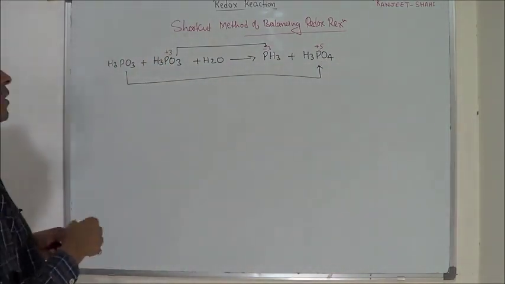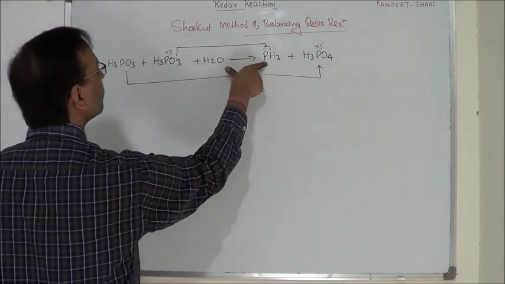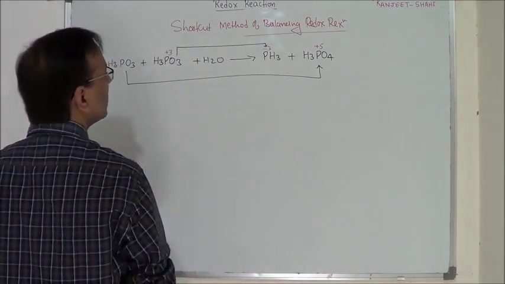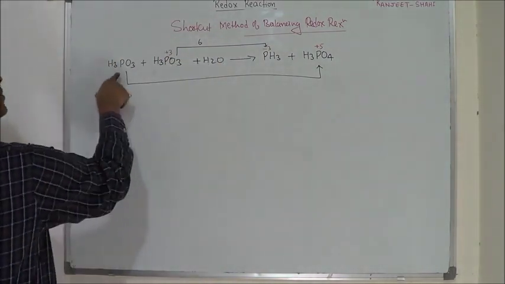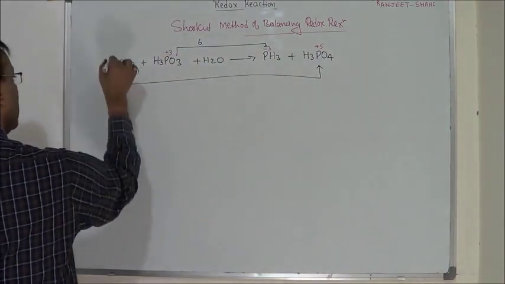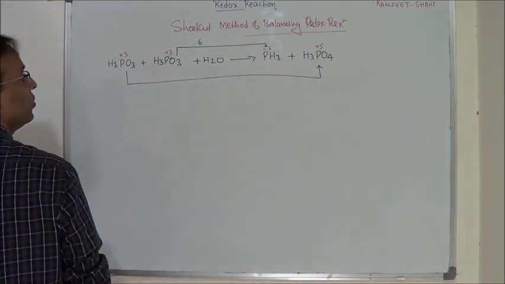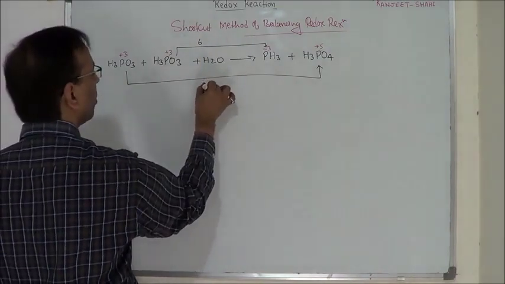And then again we will find out the change in oxidation number here. So 1 phosphorus, plus 3 to minus 3, change of 6. 1 phosphorus, plus 3 to plus 5, change of 2.